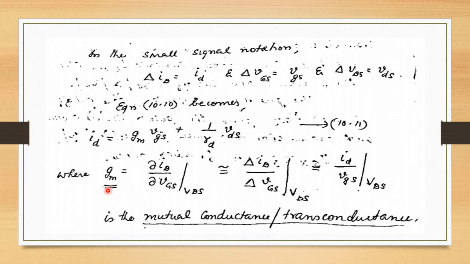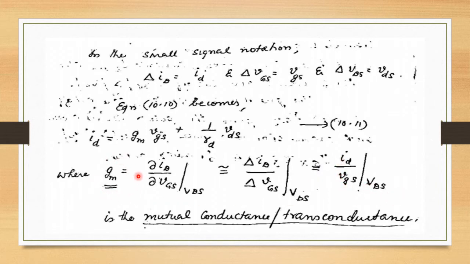So what is GM? GM is equal to the variation of ID with VGS at a constant VDS. This is also zero signal value, that is approximately equal to delta ID by delta VGS at a constant VDS, that is equivalent to ID by VGS at a constant VDS.